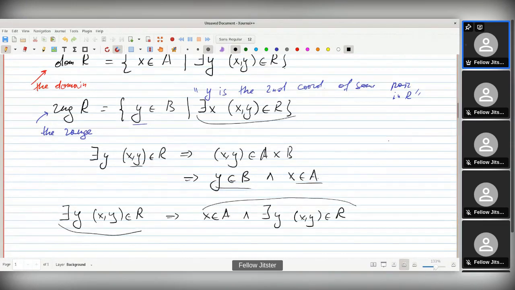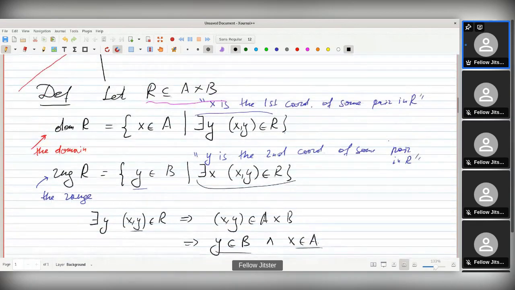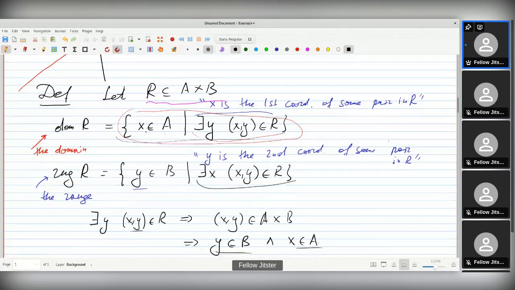But this thing means that by definition, our second set constructing axiom, that means that our x belongs to this set. Look, anything belongs to this set if and only if, by definition, it belongs to A and satisfies this predicate. So by definition, this is the set of all such x's from A which satisfies the predicate.